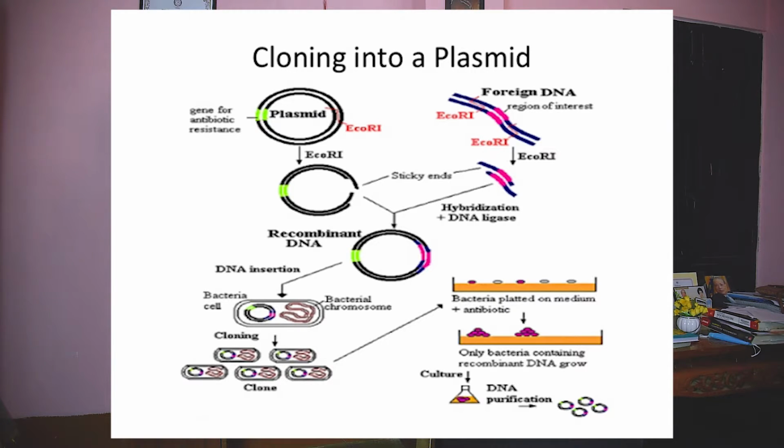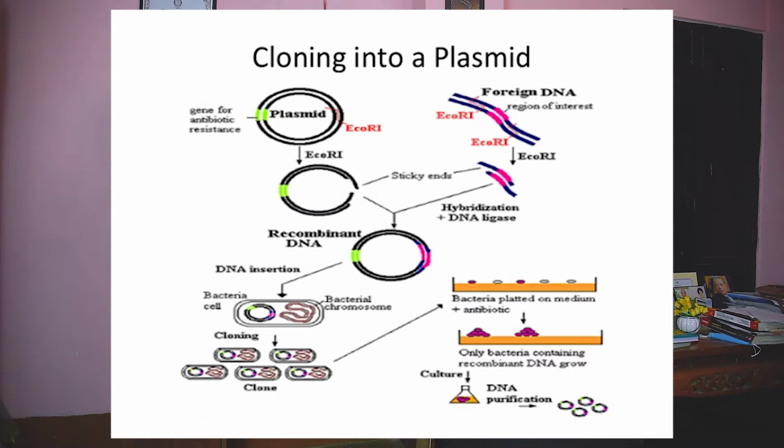Now, cloning into a plasmid. This diagram shows the gene for antibiotic resistance on the plasmid, and the site of action of EcoR1, and how sticky ends are formed, and from a foreign DNA, the site of the region of interaction.